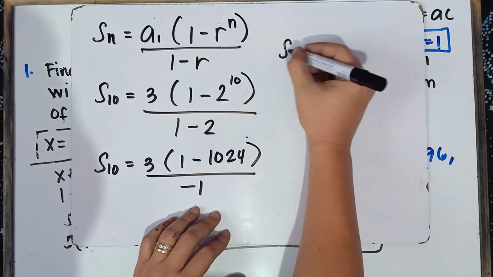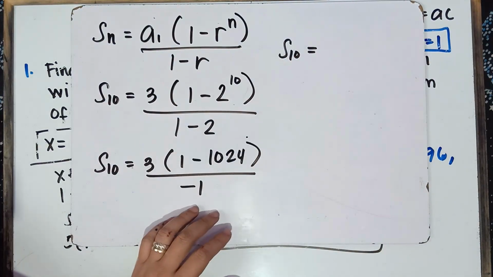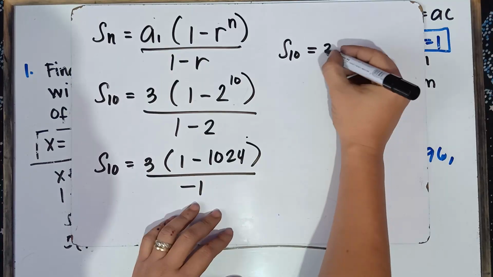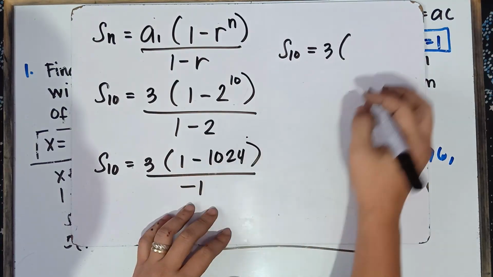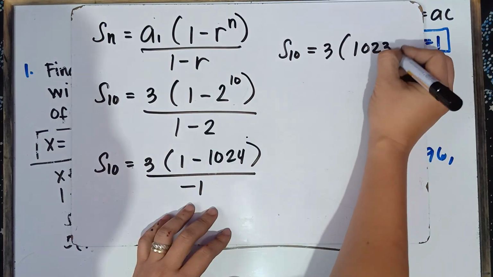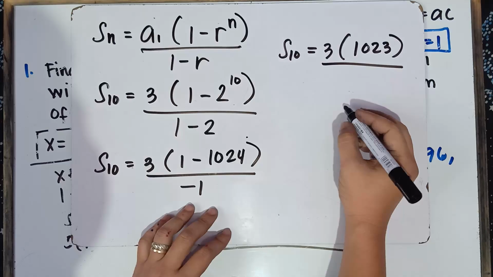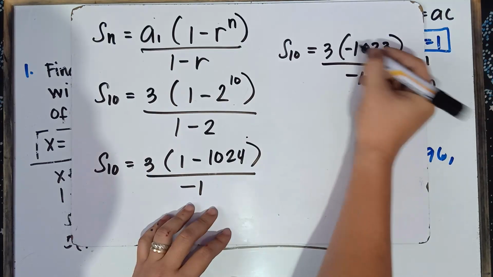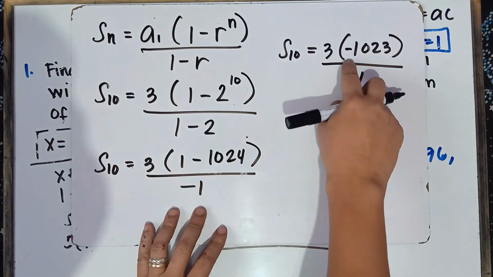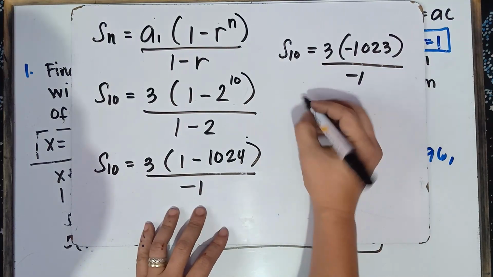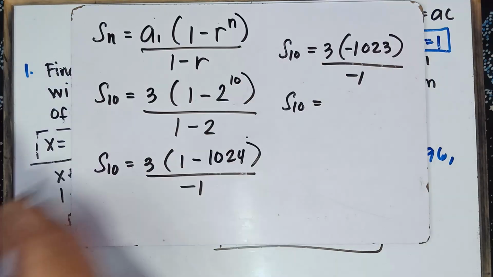So this will be S sub 10, or the sum of the first 10 terms. So this will be 3 times 1 minus 1024, all over negative 1. 1 minus 1024 would be negative 1023. And then simply multiply this one.